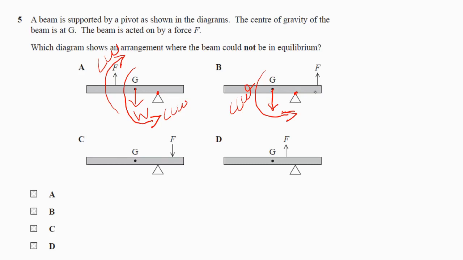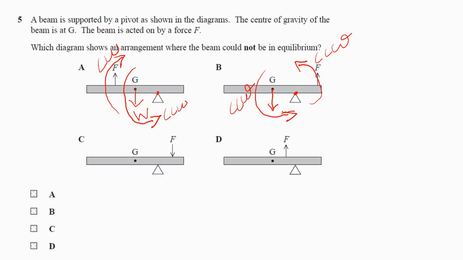The direction of the moment due to the applied force, based upon the pivoted point, is also in the counterclockwise direction. The directions of both moments are the same, so it could not be in equilibrium.